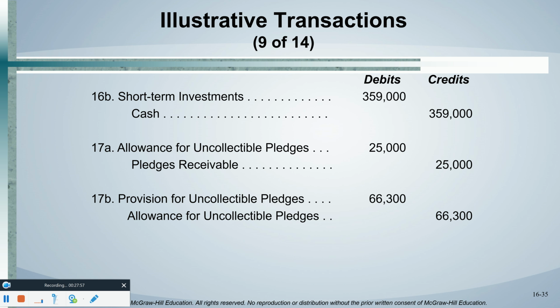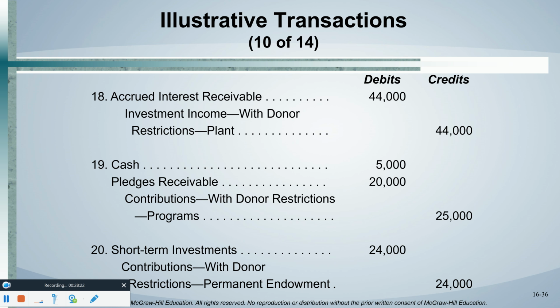And journal entry 17B, after more analysis, we decided that there was an additional $66,300 in receivables that may not be collectible. So we'll debit the Contra revenue, provision for uncollectible pledges, and credit the Contra receivable, the allowance for uncollectible pledges. Journal entry 18, we're just accruing some interest on our investment portfolio, no big deal there.